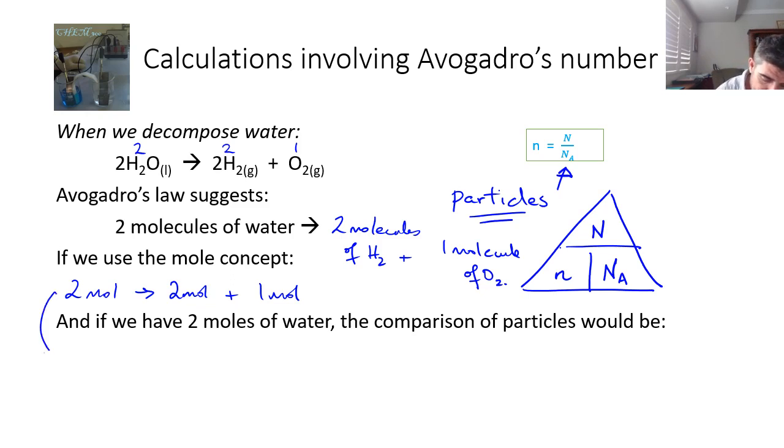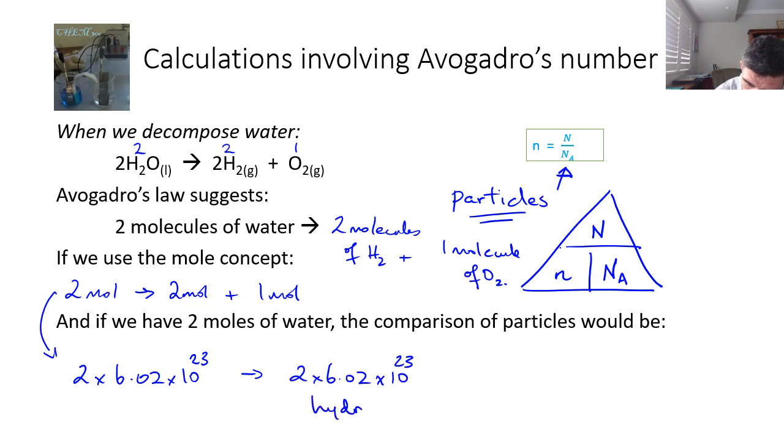So if I take this information down, then I'm going to have 2 lots of 6.02 times 10 to the 23 actual molecules of water, and they're going to be producing the same number of actual molecules of hydrogen gas, and this is water, and only half of that, so 6.02 times 10 to the 23 molecules of oxygen gas.